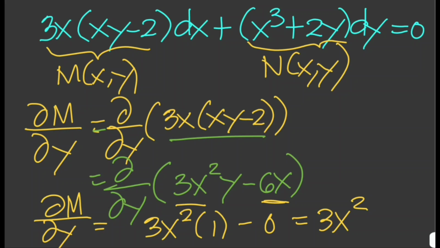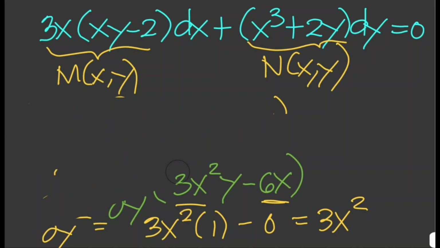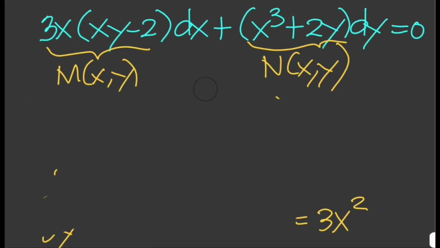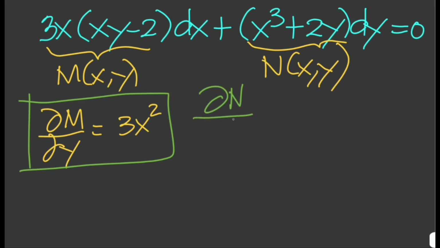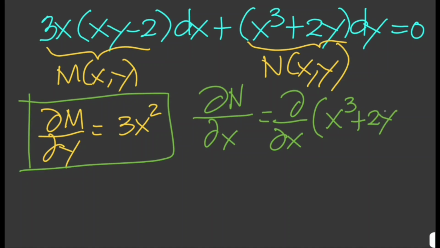Now we get the partial derivative of N with respect to x. We already got the partial derivative of M with respect to y. N is x cubed plus 2y.